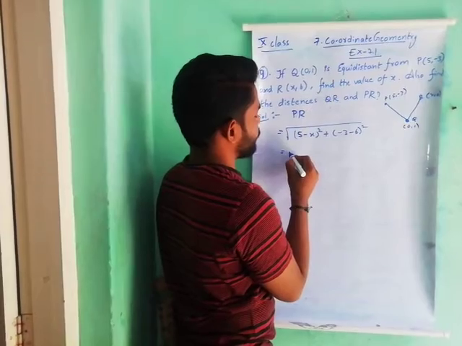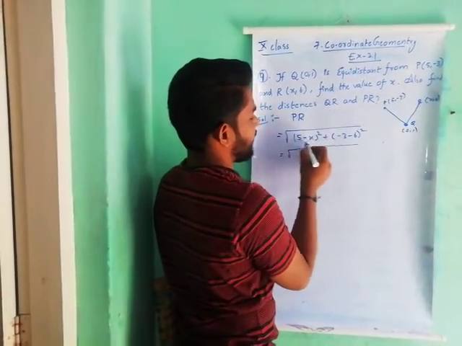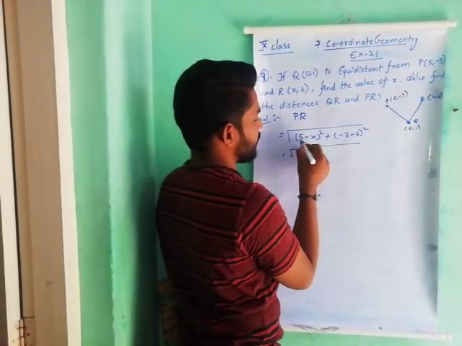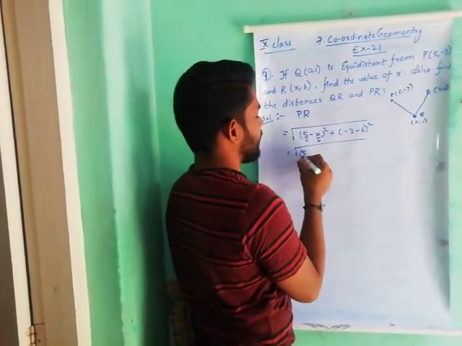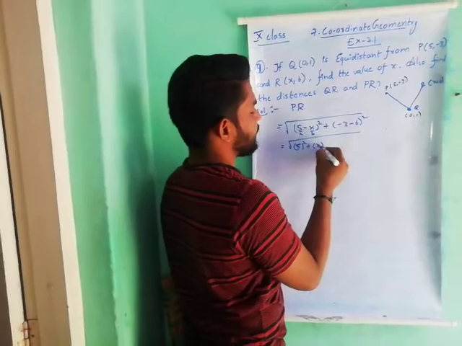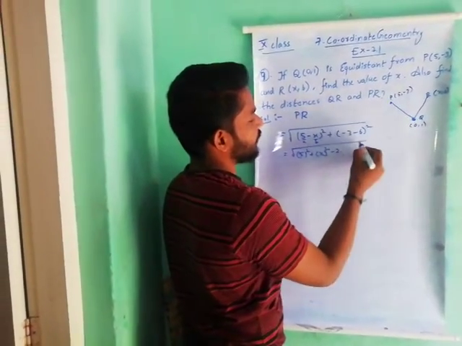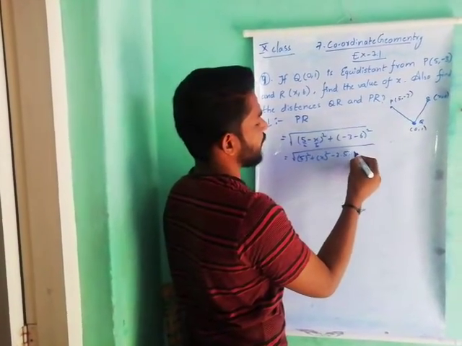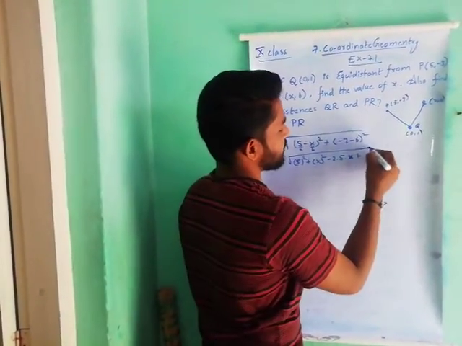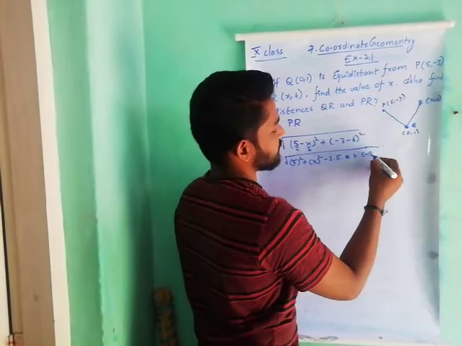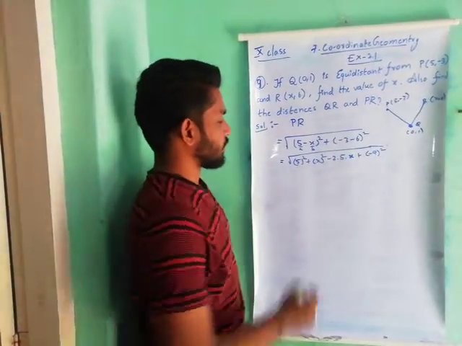Here (a - b) whole square, where this is a and this is b, means a square plus b square minus 2ab. With a as 5 and b as x, 2ab is 10x. Plus (-3 - 6), which is -9, whole square.